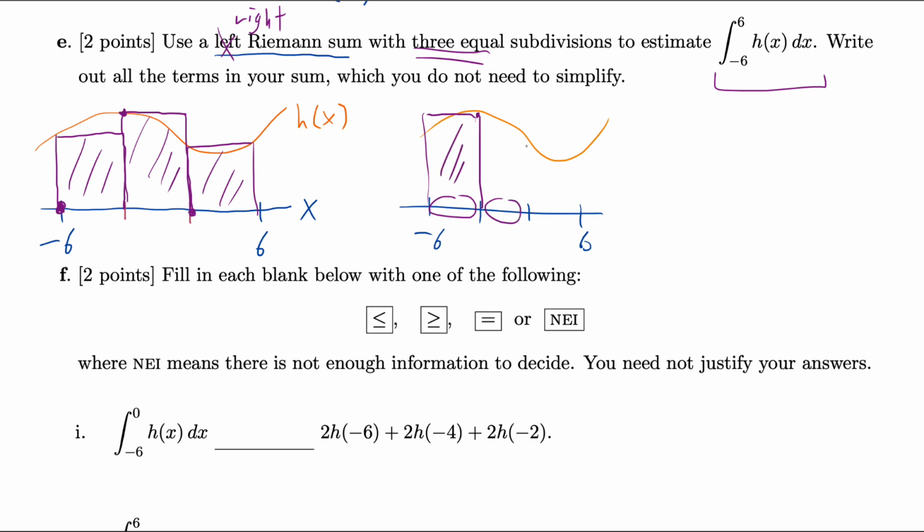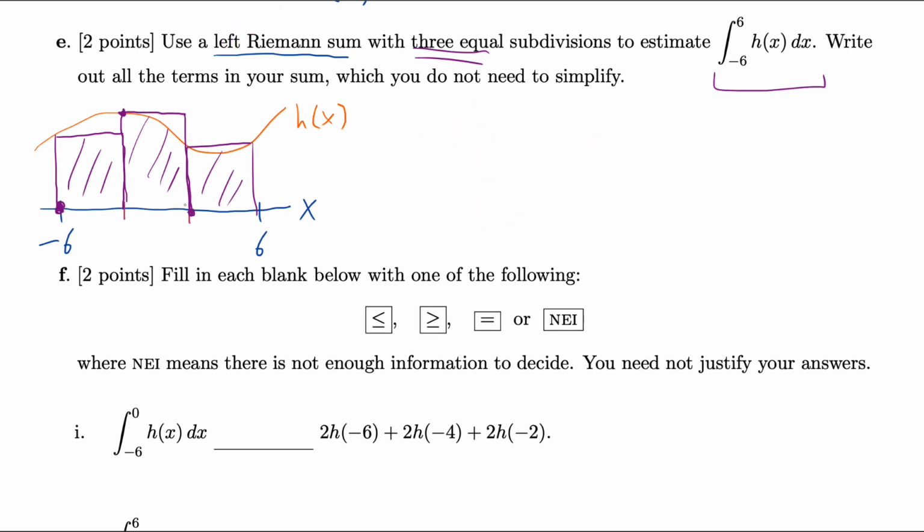For this one, I plug this value into the function, so that's the height of the rectangle, and I get this. And for the last one, I plug in 6 into the function, and I get this sort of thing. You see that we don't quite get the same thing, but both of them are giving you some sort of approximation for the actual definite integral or the signed area under the curve.